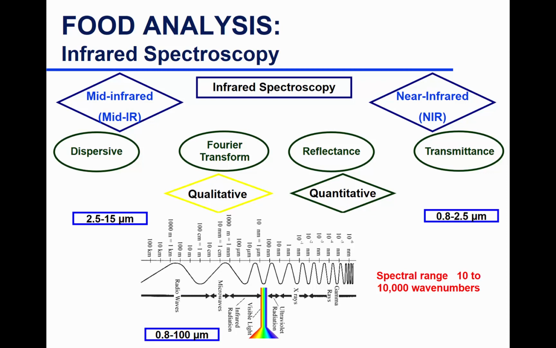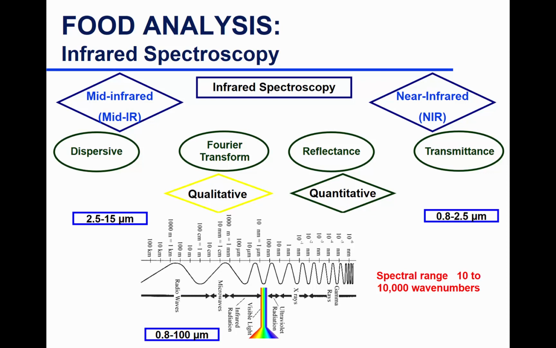These are the wavelengths. Just as a reminder, larger wavelength is associated with smaller energy. So the infrared has larger wavelengths than the visible light, so they carry less energy. And these terms we will encounter today, about the dispersive versus Fourier transform.